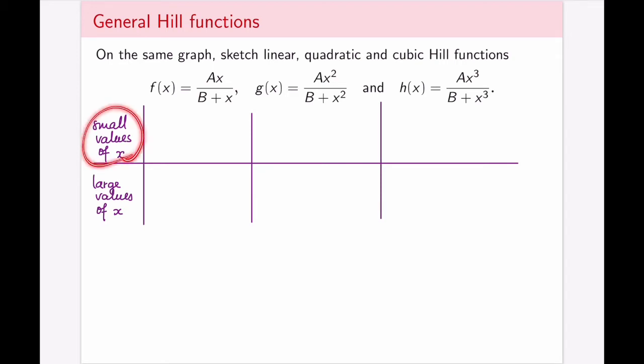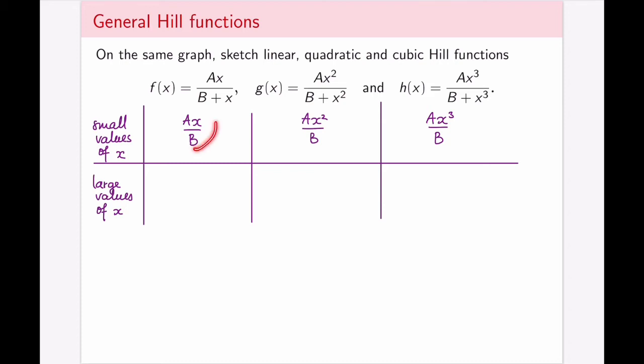Okay, so for small values of x, the small powers dominate, and the small powers on the bottom of all of these functions correspond to the actual constant. So for this function, for small values of x, we're going to have ax over b, ax squared over b, and ax cubed over b. Now, it might be easier if we rewrite these as a coefficient times the power of x.